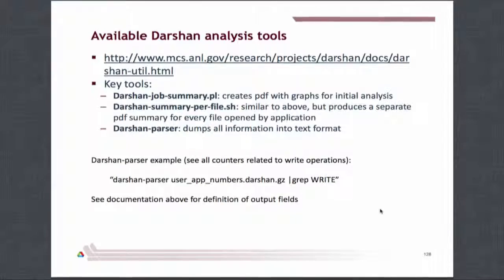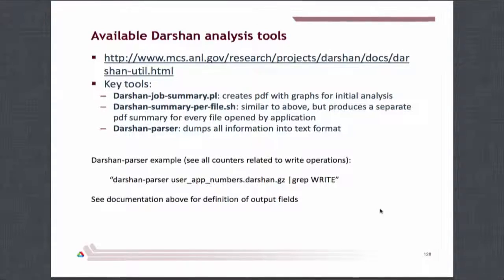So that's a helpful debugging tool if you're doing multiple styles of I/O as your application is running. Maybe you can see something different about, this one's doing something really good, this file, something bad's happening. So some people find that helpful. And then the last one on the list is Darshan Parser. That's just the raw data. It gives you all the raw data out of the log file, just spits it out in text format.